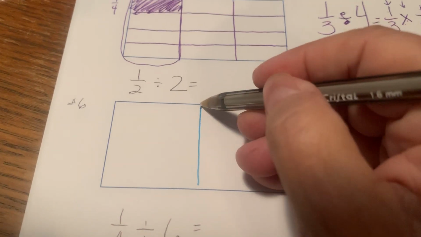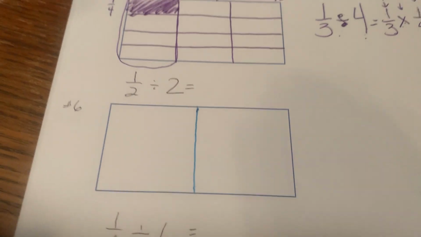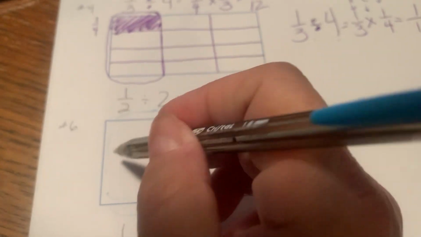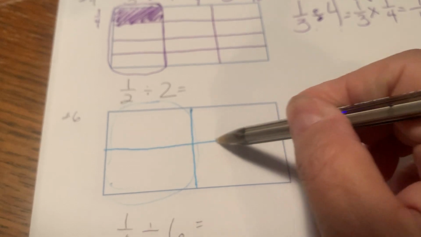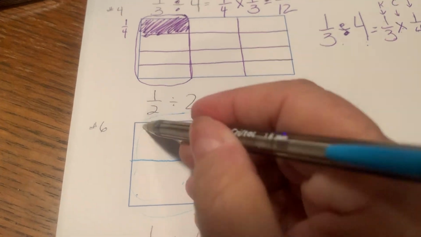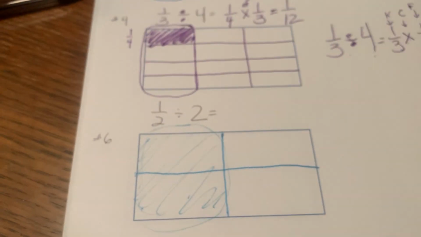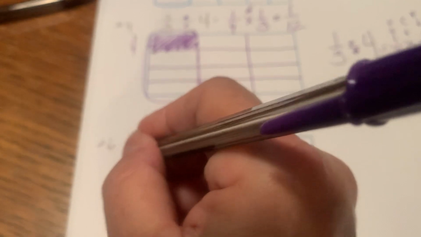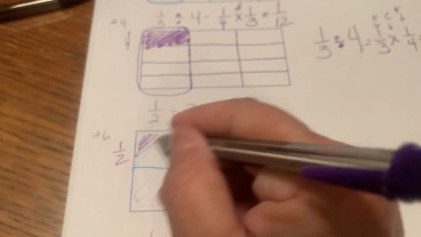I'm going to divide my big rectangle into half, so I can think about this half. And then I want to divide it by 2. So I'm just going to make 1 line across. And so here's my half. I'm talking about this half right here. And then I want to find 1/2 of 1/2.